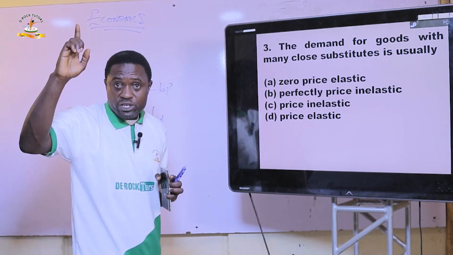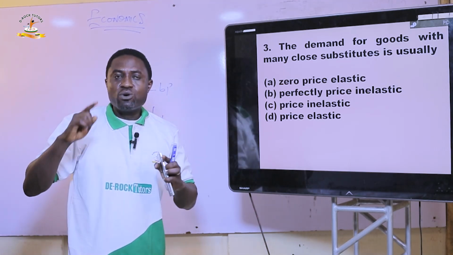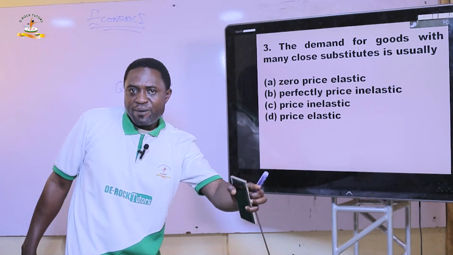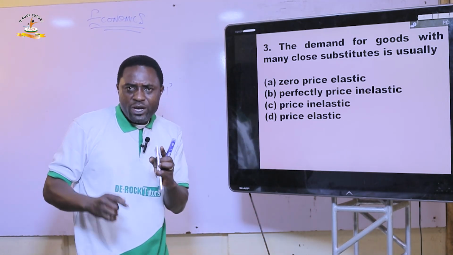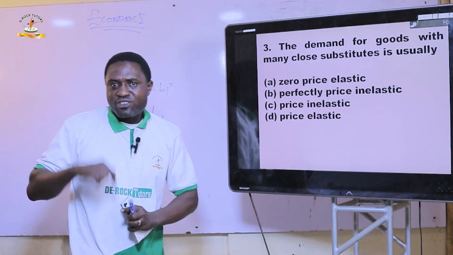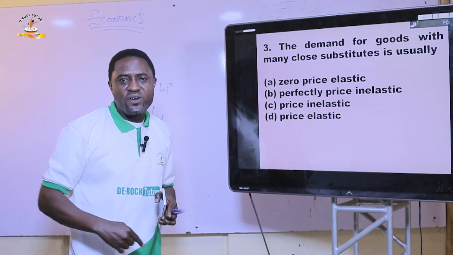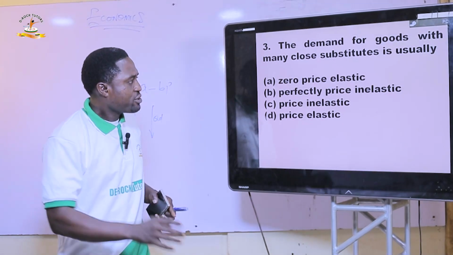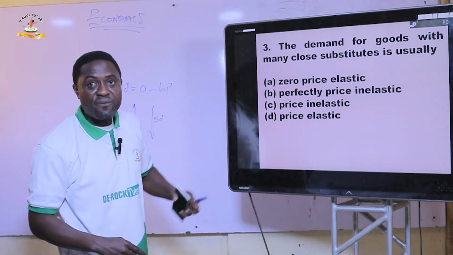Because when the price of Coke is high, for example, people will not decide to buy that Coke. They rather go and buy the Pepsi that has a lower price. So in this kind of situation, when you leave one for the other as a result of the increase in price of one, it is price elastic that will be effective in that particular scenario. So the answer to this is price elastic. That is the perfect answer.